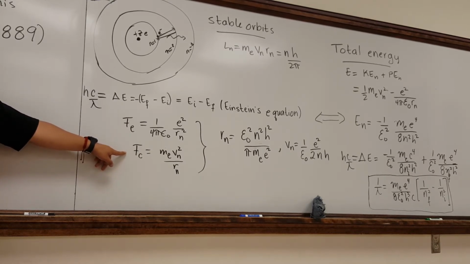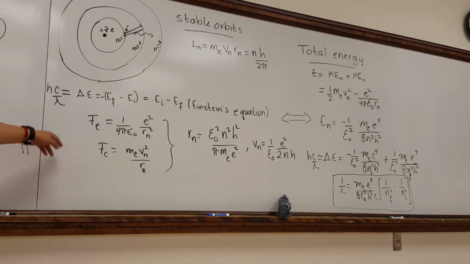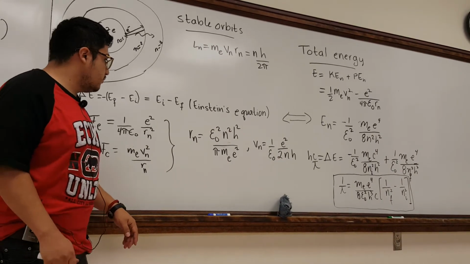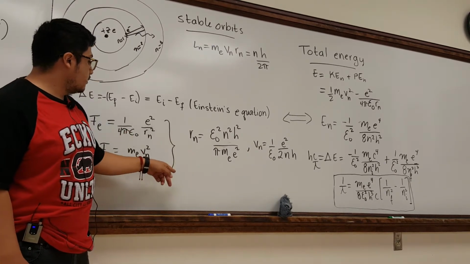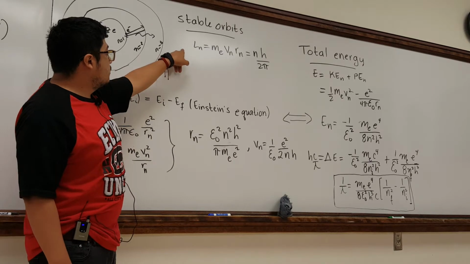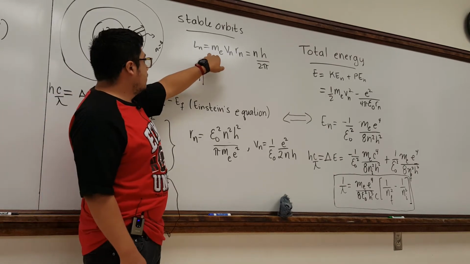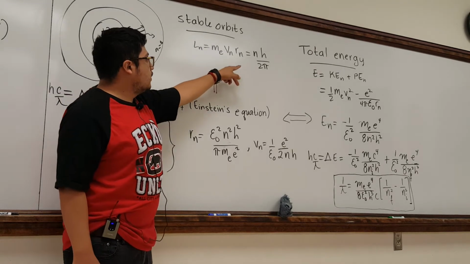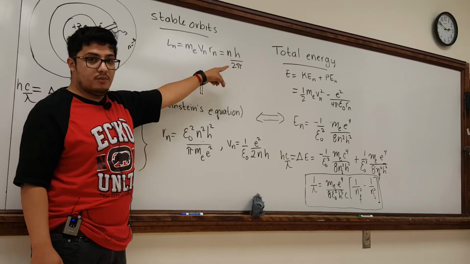Now, since the electron is orbiting, we also take into account the presence of a centripetal force. If we combine these two, I don't want to go through the derivation, we obtain the condition for stable orbits, which is that the angular momentum is equal to integral multiples of n times h over 2 pi.